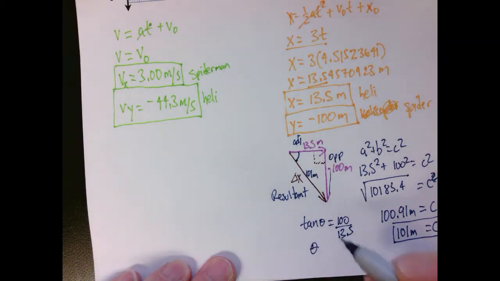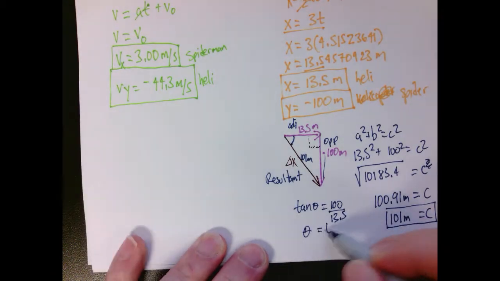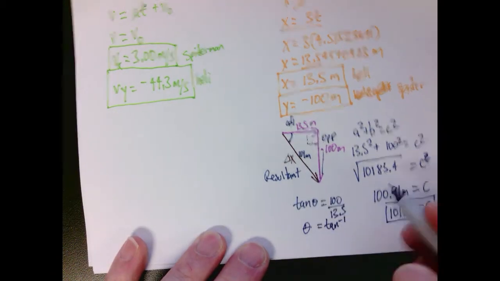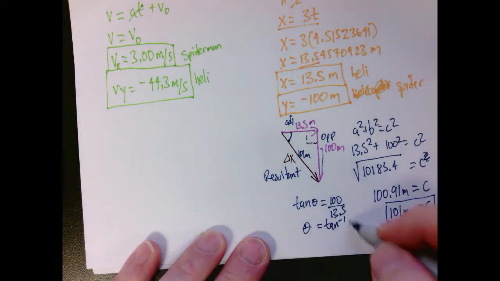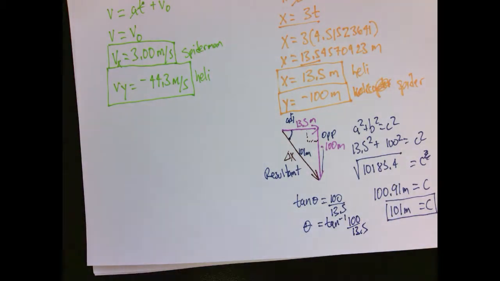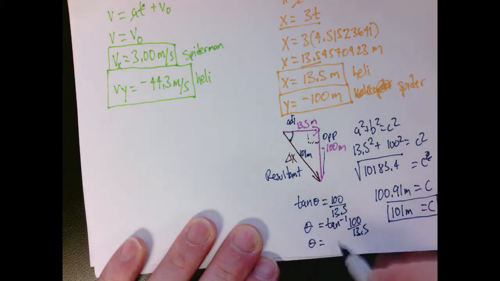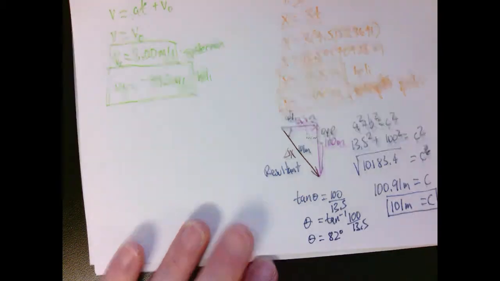So then theta, the angle, is equal to the inverse tangent of 100 over 13.5. So theta is 82 degrees.